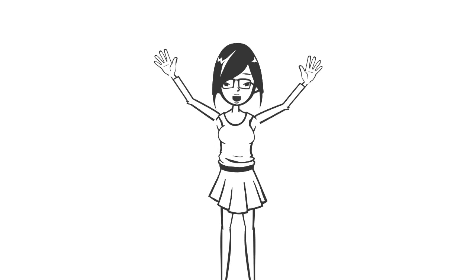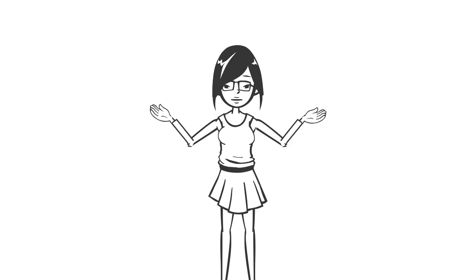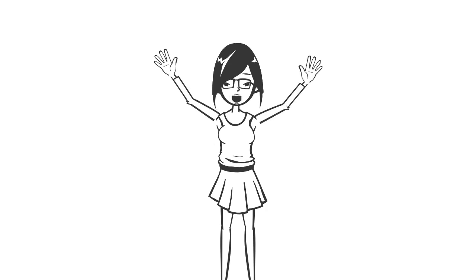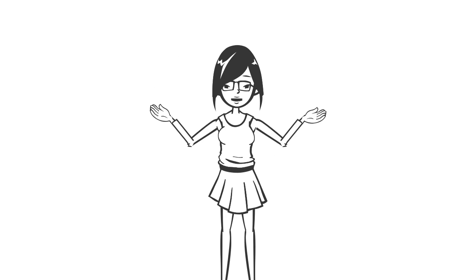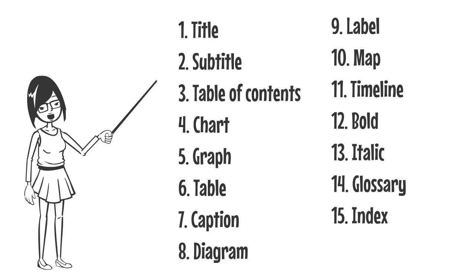Nonfiction text features are the things found in nonfiction materials that help you make sense of what you read. Let's look at the text features we have learned so far. Starting from number 1.